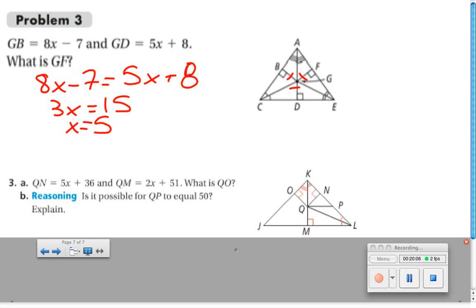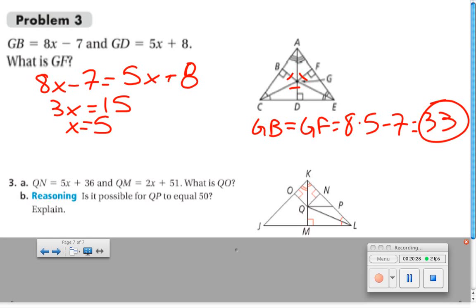They are asking us for the length of GF, which I can find by plugging into either one of these. It makes no difference. So GB equals GF, which would be 8 times 5 minus 7, or 33.